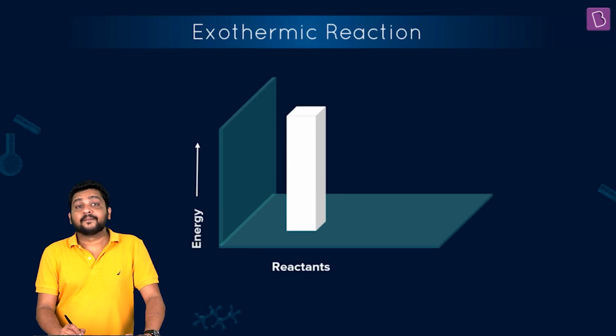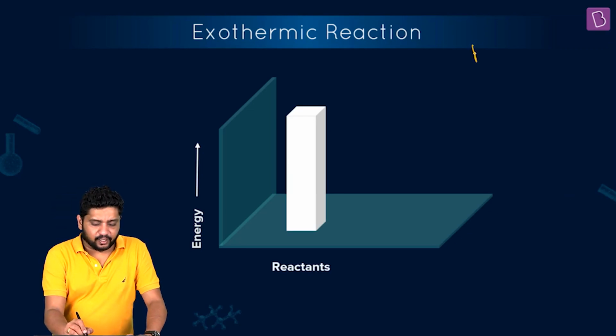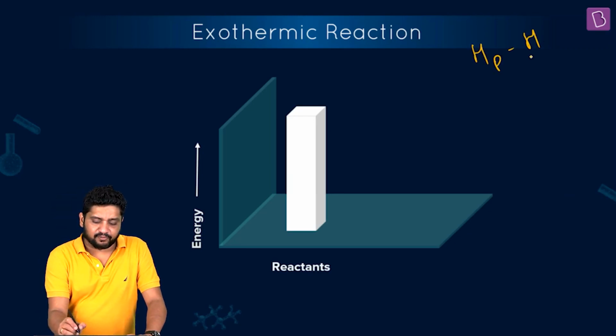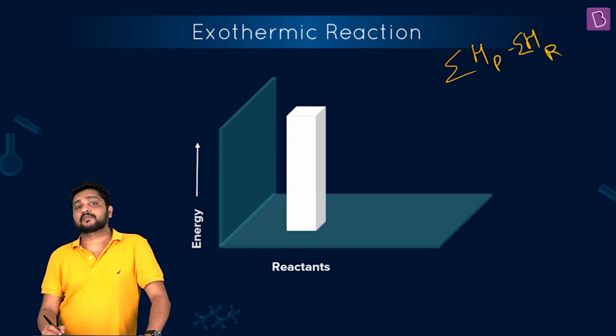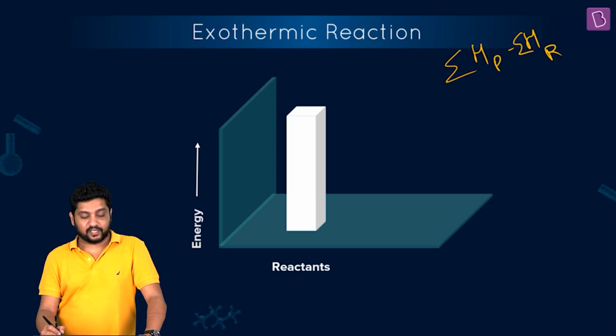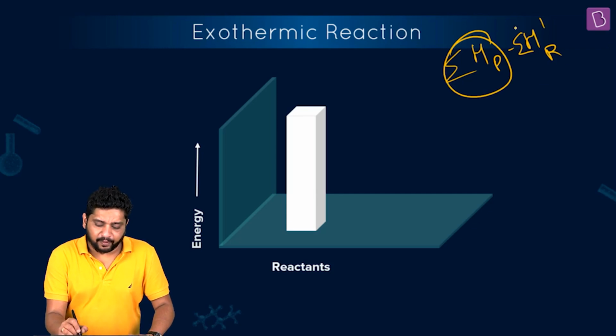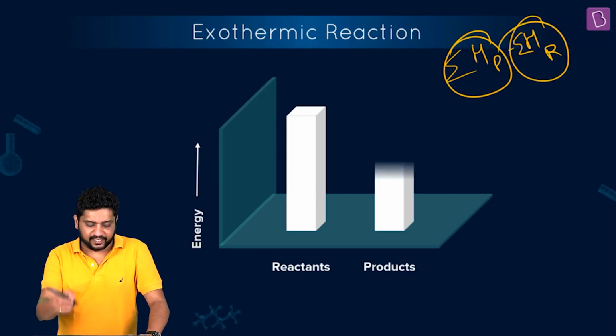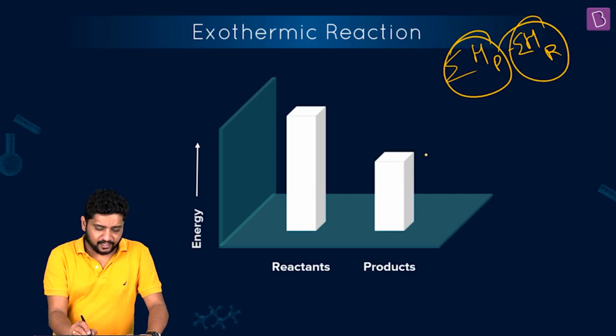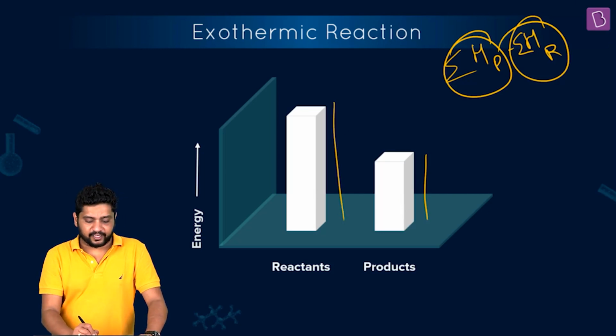So what do we see? Enthalpy of all the products combined minus enthalpy of reactants is what you call delta H. So in an exothermic process, what can you say? Delta H is negative. Delta H is negative means enthalpy of products should be less than enthalpy of reactants, and this is what we see. Product has a lower enthalpy compared to your reactant.